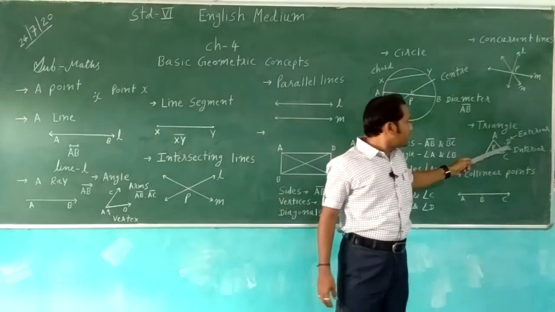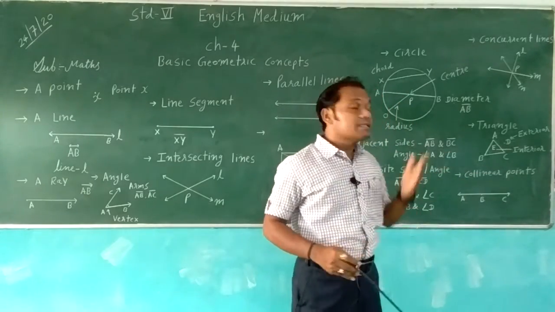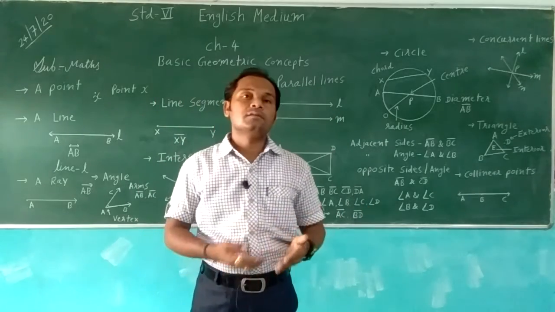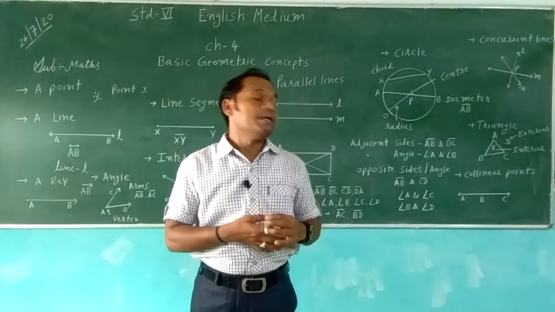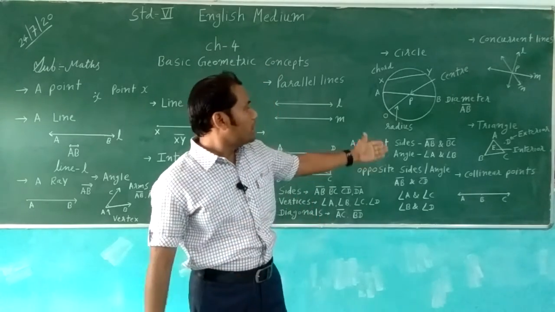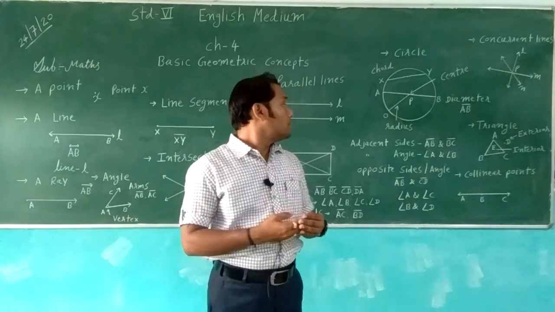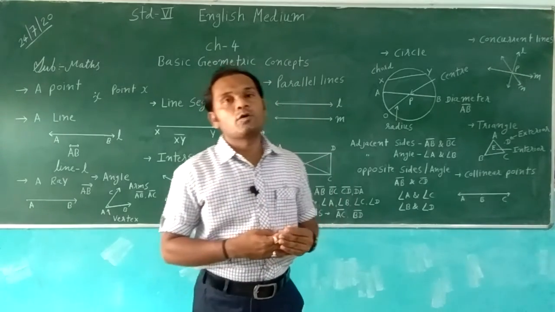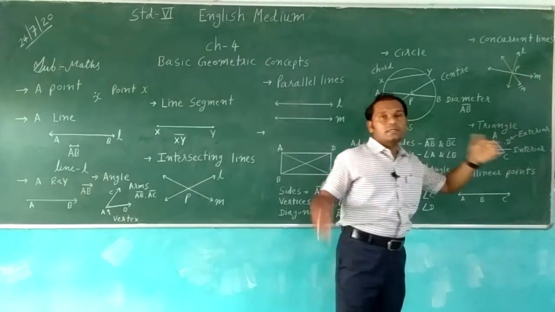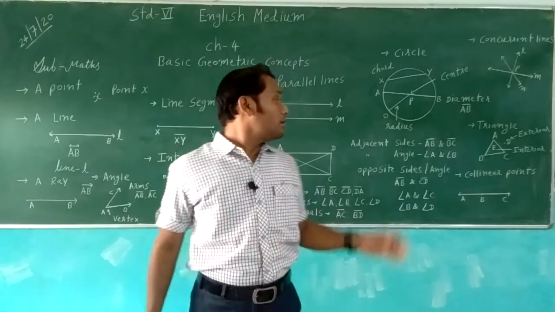The point D is outside the triangle, so it is called the exterior of the triangle. If any point lies outside the figure, it is called the exterior of that figure. Point E is inside the triangle, so it is called the interior of the triangle.